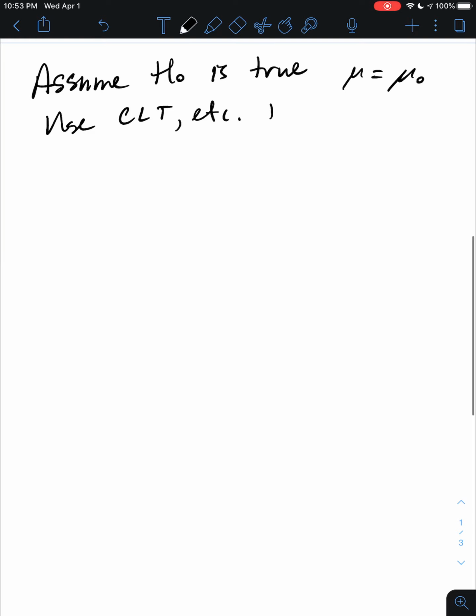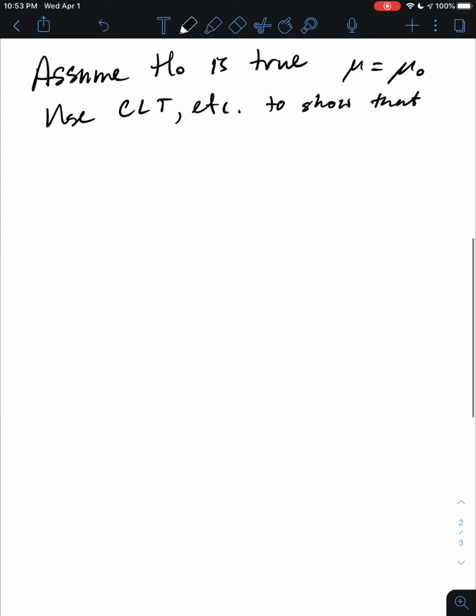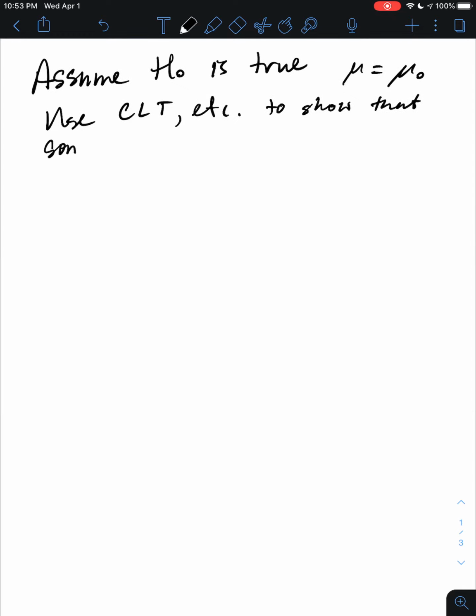And then we are going to use the central limit theorem, etc., some mathematics to show that some number z is too large. Oops. Right, so that some number z is the test statistic.